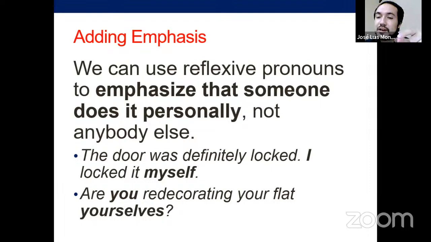Something else receives the action, but you say myself to put emphasis on the idea that you did it and that it's interesting, unusual, and different that you did it. Or just emphasis on the idea that you did it personally. So, what do you say? Taking that into account, what examples can you give with that logic? Okay, following that logic, Gladys. Anything that comes to your mind.